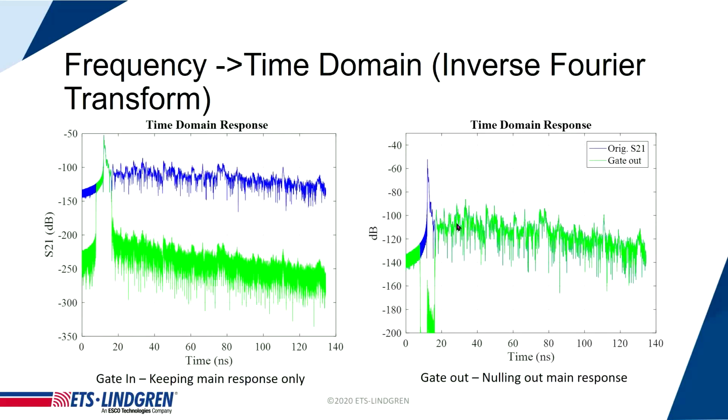Then we take that information and do a Fourier transform of that S21, and on the left side, you can see the blue line represents the time domain transformation of that S21. So now the response is actually an antenna response as a function of time. You can think of this as sending an impulse from one antenna, and what would be the received signal from the other antenna?